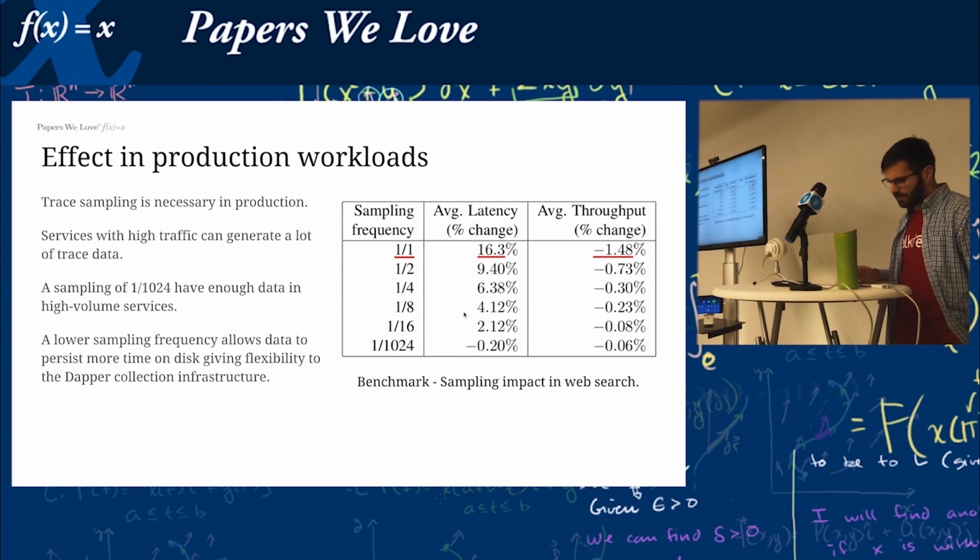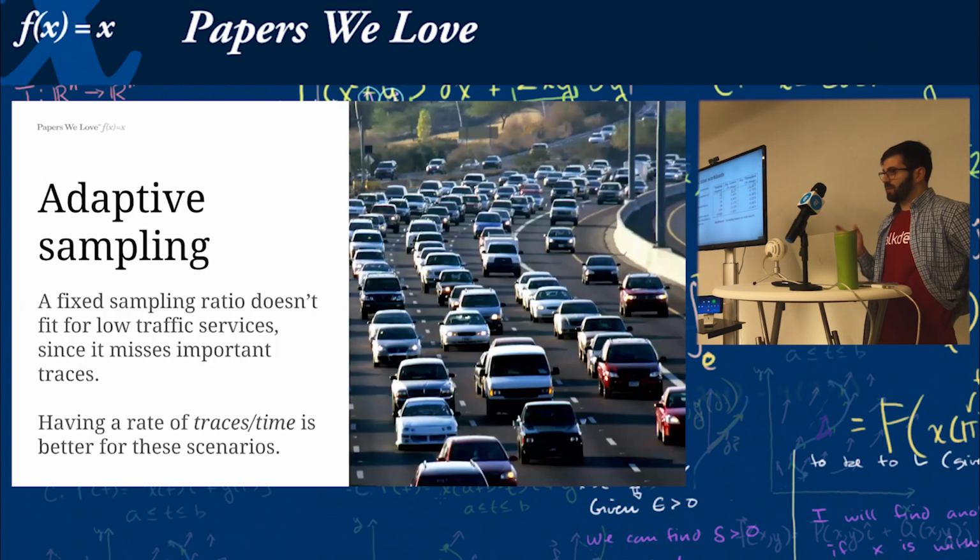One other thing. Another advantage of sampling with a low sampling ratio is that the collection infrastructure doesn't need to collect a lot of logs per unit of time. It's also good for the log collection infrastructure. But you can see that this ratio is fixed.